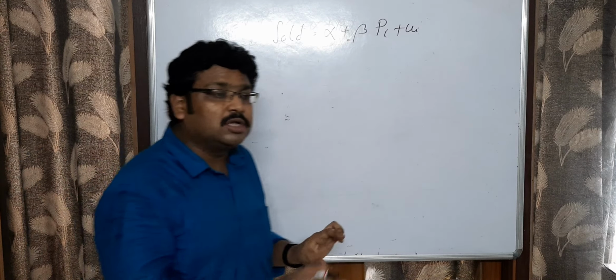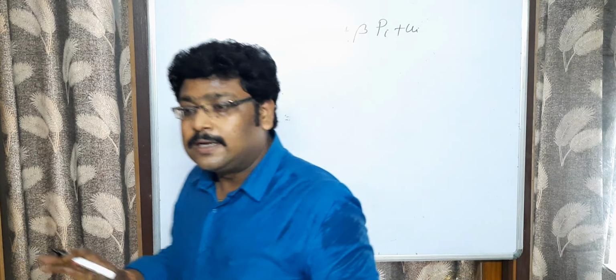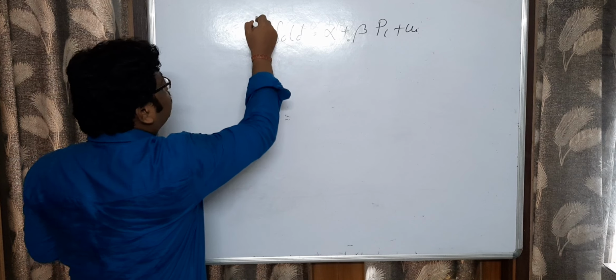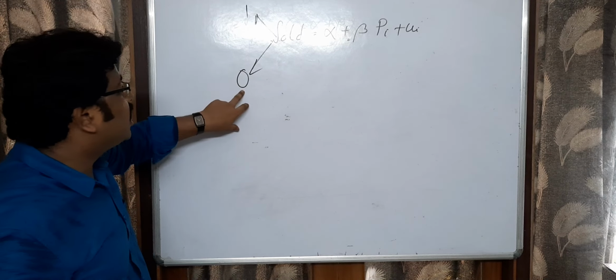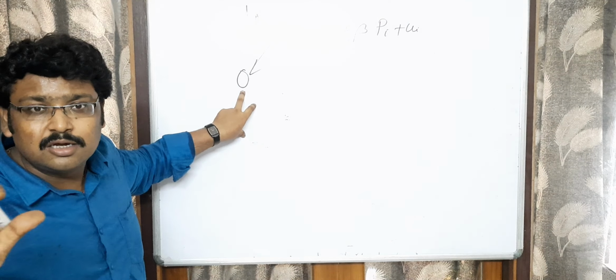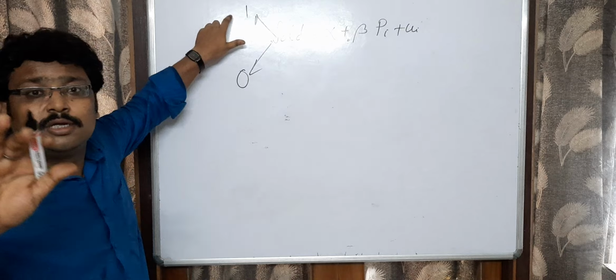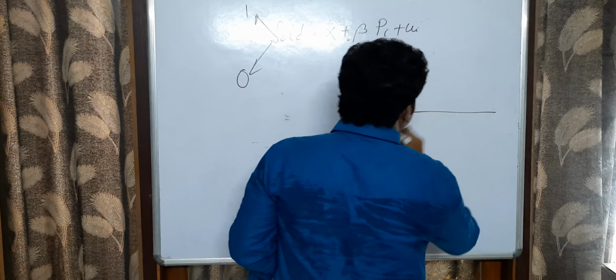If it is 0, the car is not sold because the price is very high, and if it is 1, the car is sold. Diagrammatically you can have this idea.